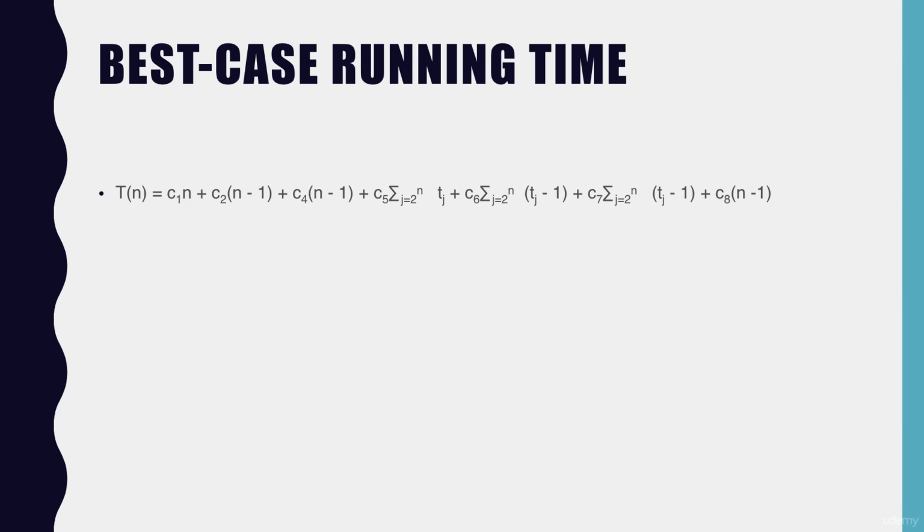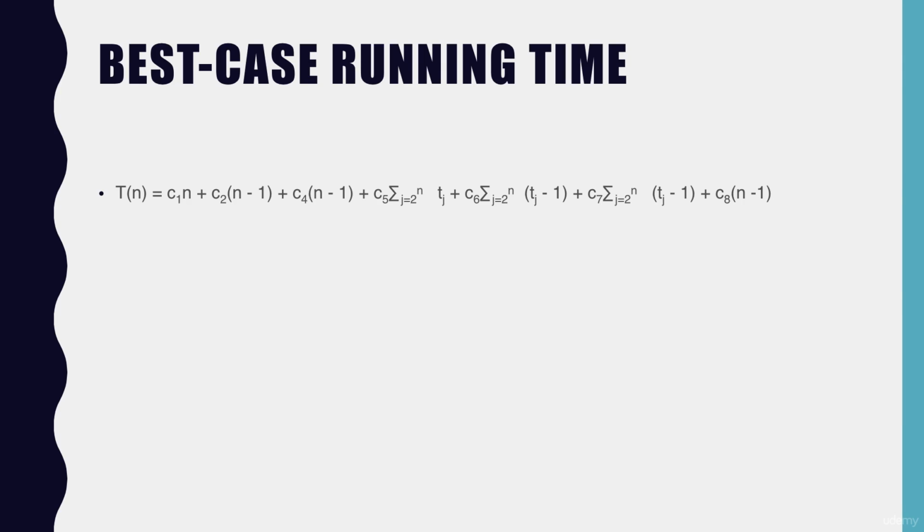T of n is equal to c1 n plus c2 into n minus 1 plus c4 into n minus 1 plus c5 sigma j equals 2 to n tj plus c6 sigma j equals 2 to n of tj minus 1 plus c7 sigma j equals 2 to n of tj minus 1 plus c8 into n minus 1.